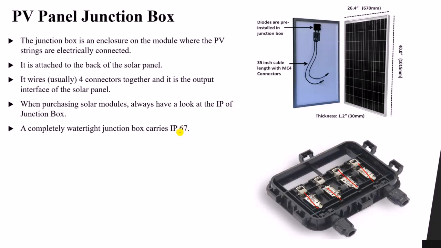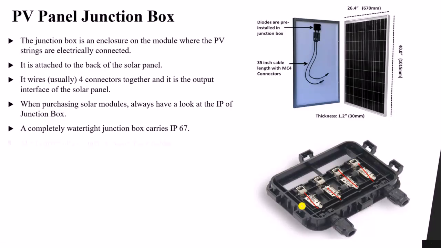So you will find that IP67 is a very high ingress protection. This value means that the junction box is well protected against water coming from rain, for example, and against mechanical stress.